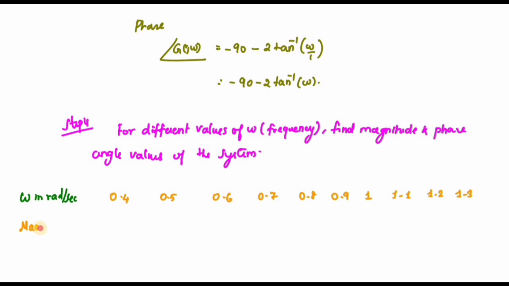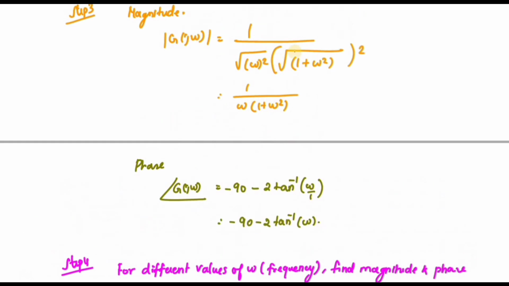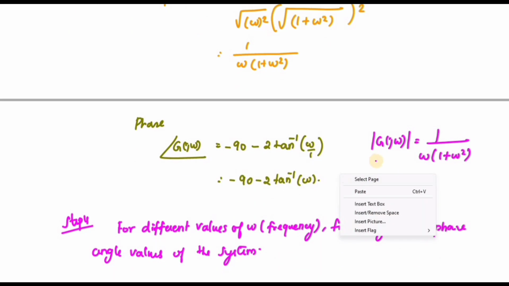Since the magnitude of G(jω) is given by this expression, I will tell you how to do it in the calculator. With the help of a calculator, you can calculate these values.